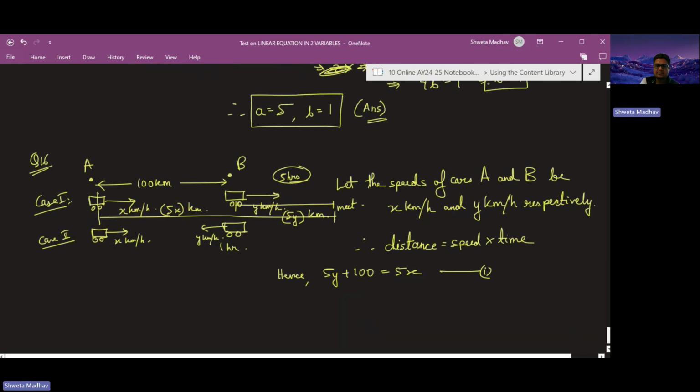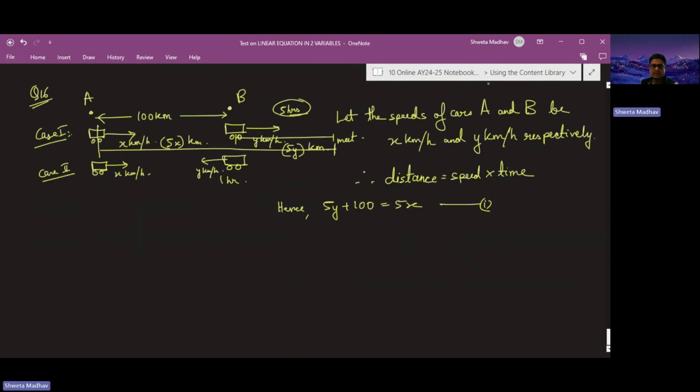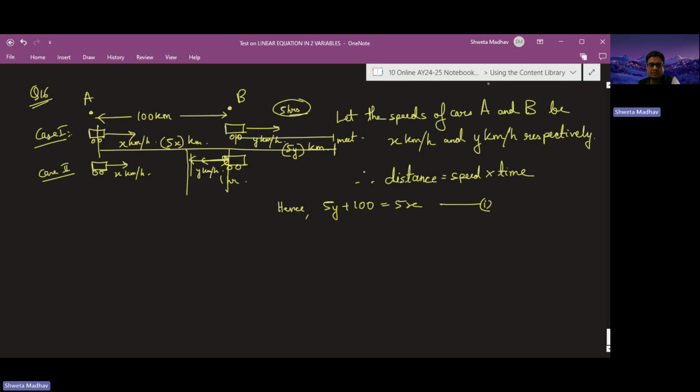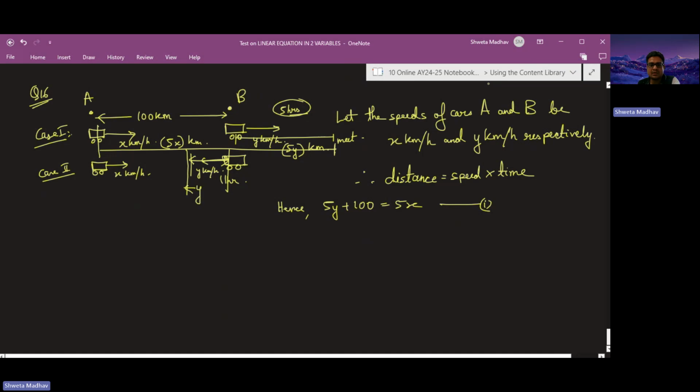And the distance traveled by car B in 1 hour is y kilometers. Let's say it reaches here. So this is y kilometers, and the distance traveled by car A in 1 hour is x kilometers.